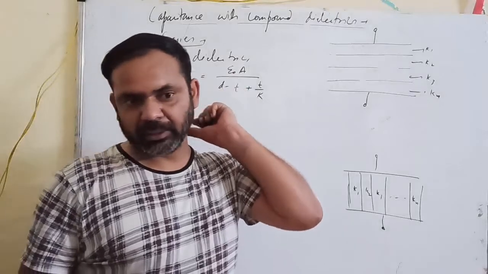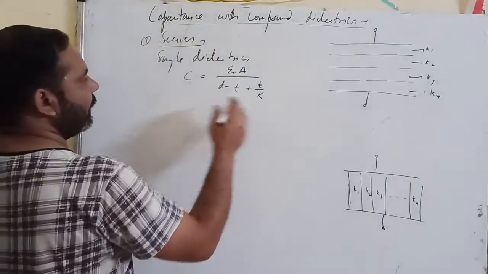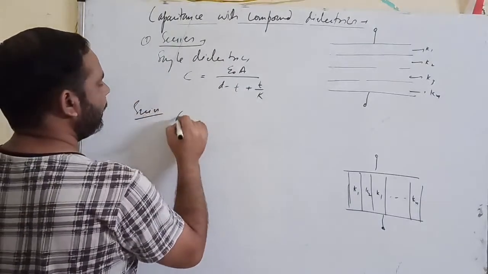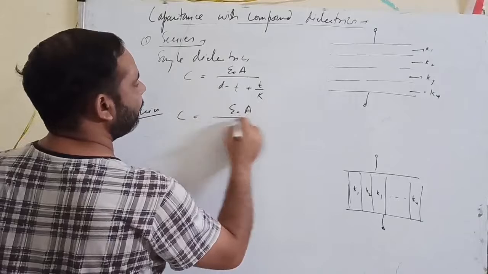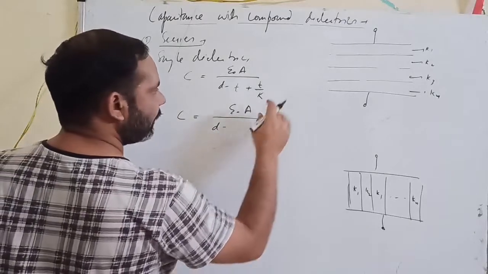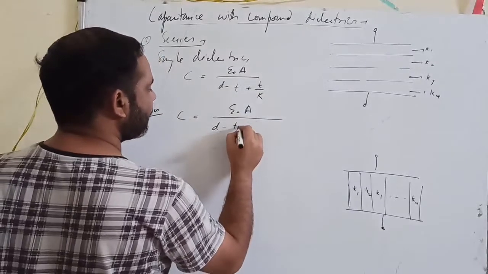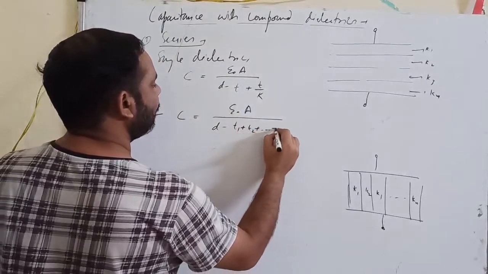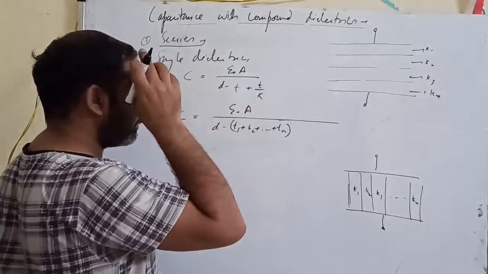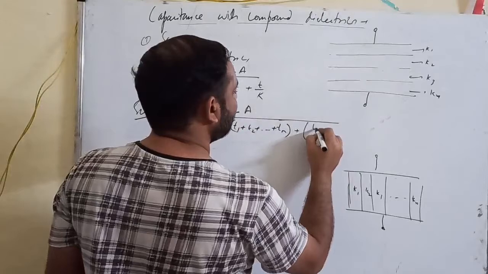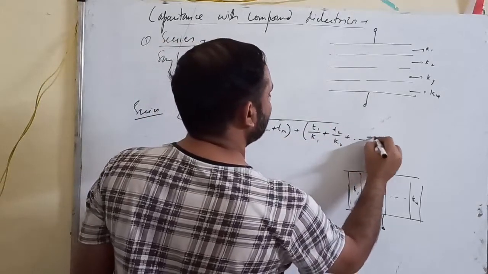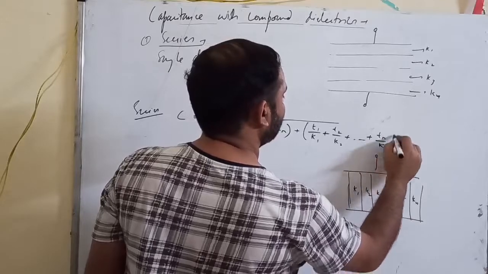Now for the series arrangement, this epsilon naught A will remain the same, D will remain the same, and this T will be the total thickness of all the dielectric slabs, T1 plus T2 plus Tn. Plus this will be T1 upon K1 plus T2 upon K2 plus Tn upon Kn.